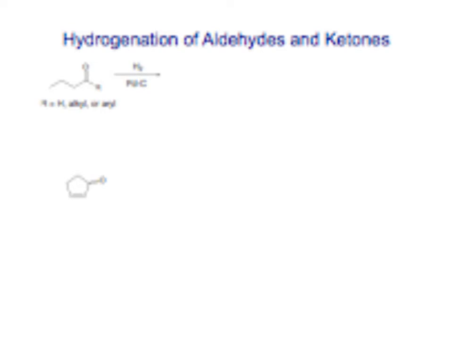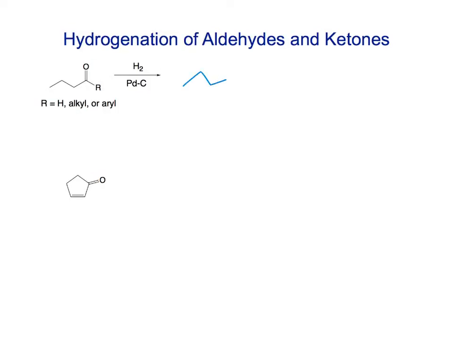We just add 2 H's, one on each side of the double bond. And again, let's put the R group back on there. If R is an H, we have a primary alcohol. If R is a carbon or an aryl group, a benzene ring, then we get a secondary alcohol.